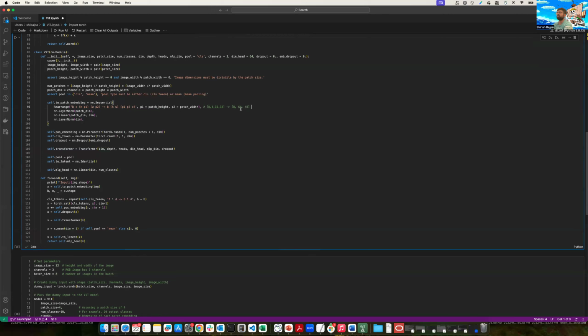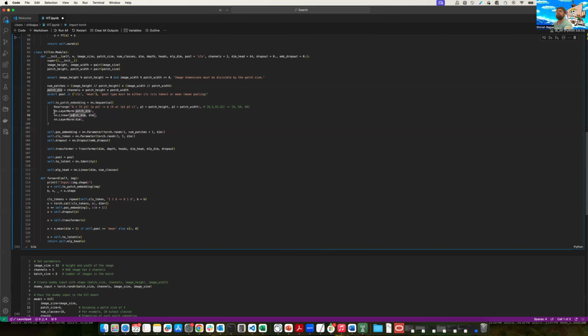So this means for each image, we have the total number of patches, and for each patch we have a representation across this dimension, right?